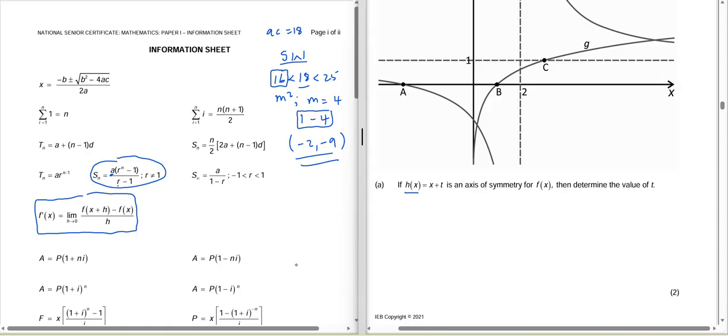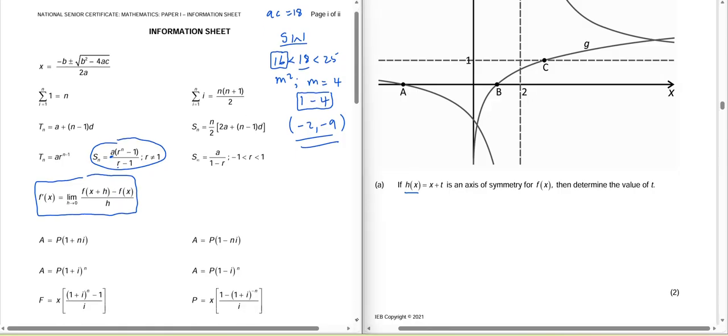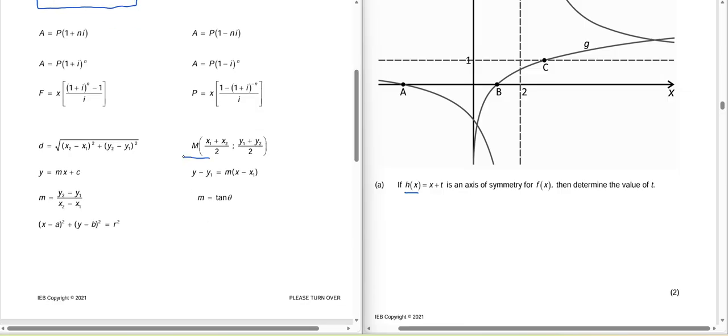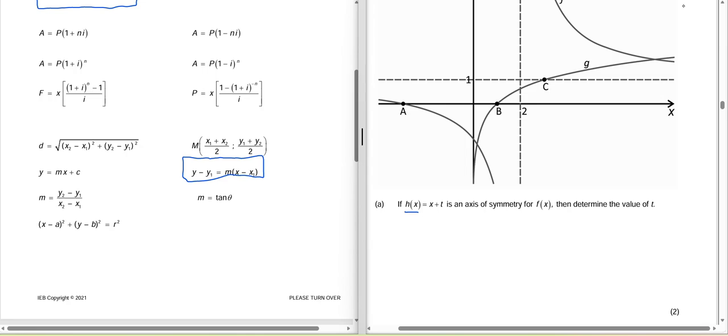Now, you know there are many ways of creating the equation of a line. So one of it is this one. Now, you can even go via that route. So why can we go via that route? Because they are saying h of x is an axis of symmetry.